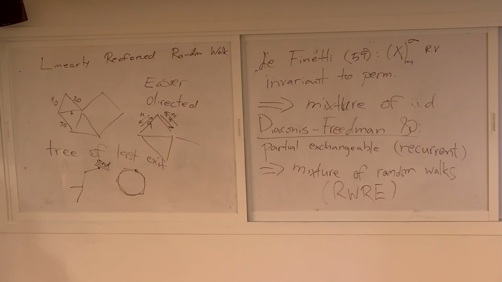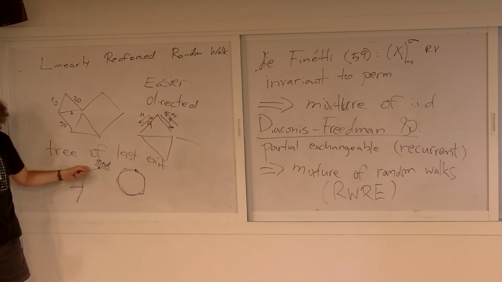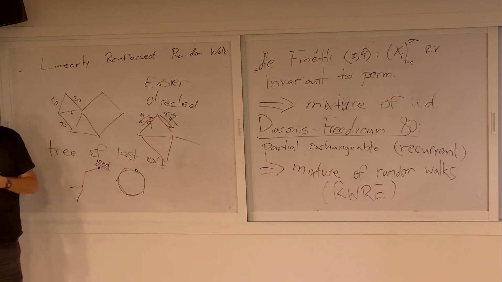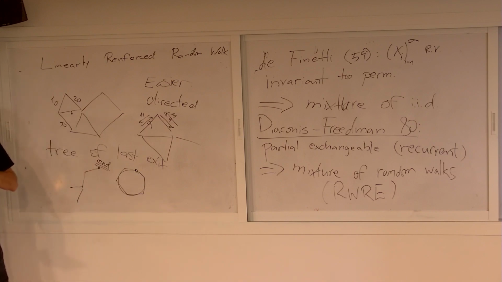And here is the point. Given a tree of the last edges, the choices of where to go are completely arbitrary. That's a combinatorial claim. If you know that you had to exit this edge 5 times in that direction, 6 times in that direction, and the last time in this direction, then the remaining 10 non-last ones, you can go any way you want and you will get a legal path, because you can never get stuck.